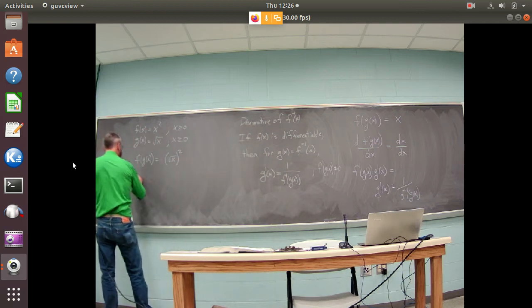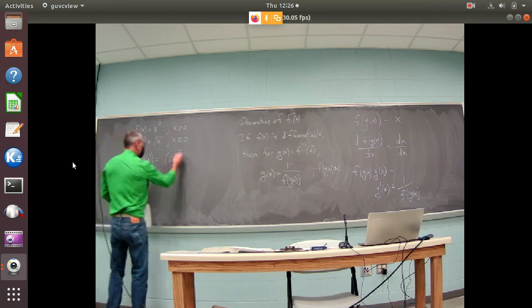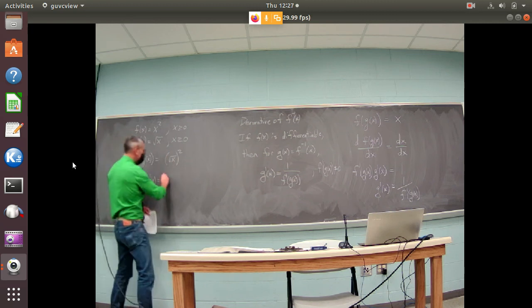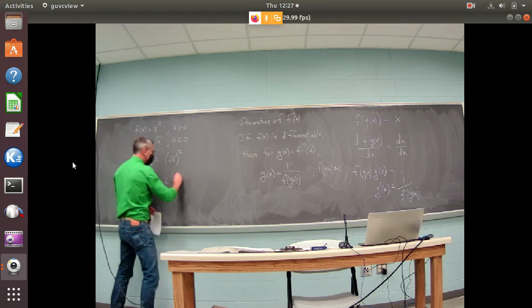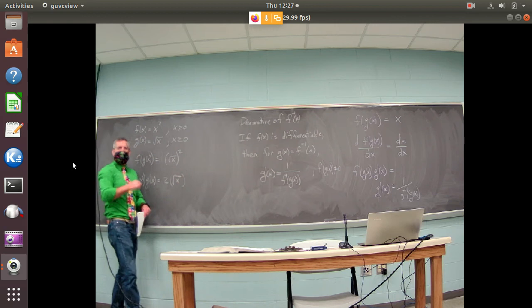Now if I take that thing's derivative without simplifying first, we will have f prime of g of x times g prime of x. Well, the squaring function is on the outside, so I get 2 times that thing, the square root of x to the first power. And then the derivative of the square root of x, well, that's x to the 1/2, so bring the 1/2 down, subtract 1, you get negative 1/2.